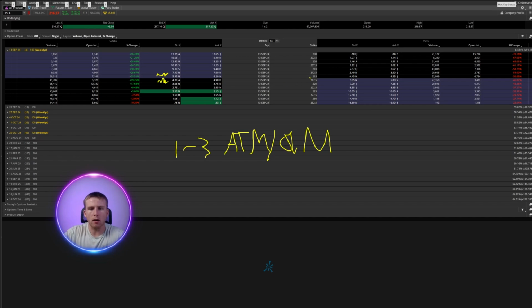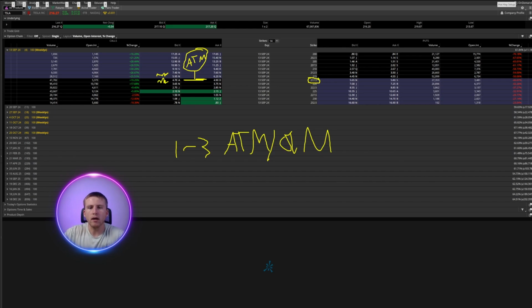The first one underneath that right here is this contract, the first one in the black. That is going to be at the money. And that is going to be the best contract that you can typically trade that will have the best movement and the least amount of decay on that option contract, which is going to be that 217.5 call in this case, because it is right here. It's the first out of the money.